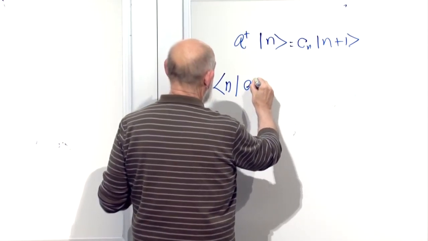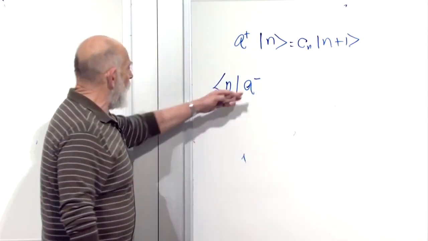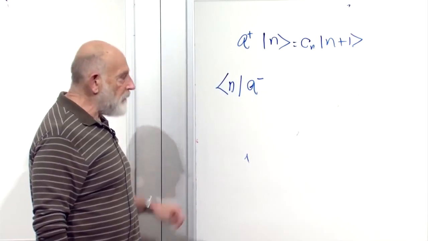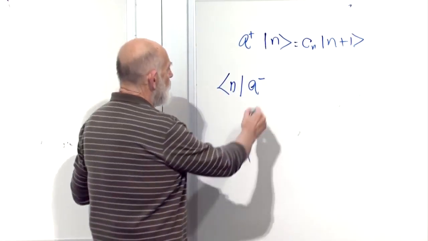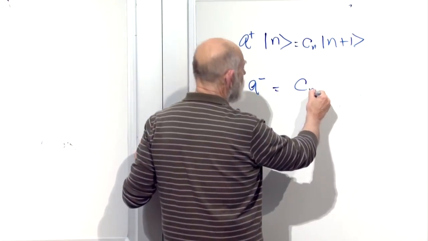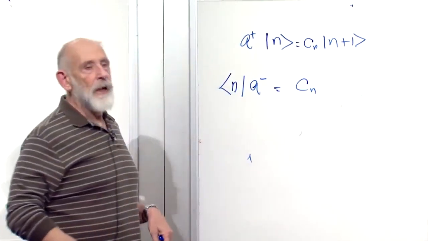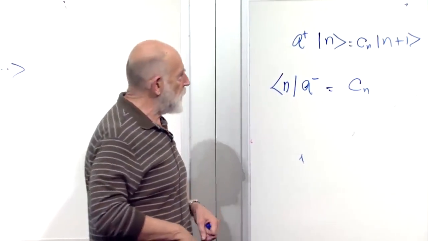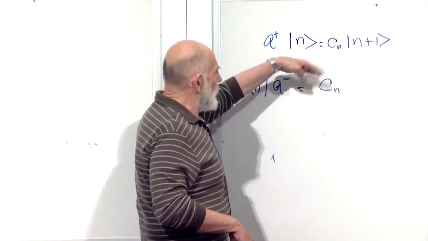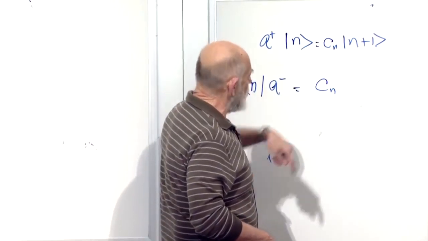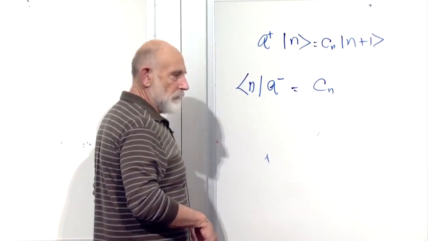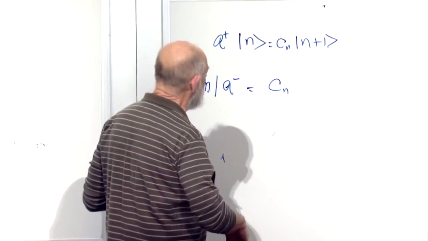is the Hermitian conjugate on the bra vector n is equal to Cn. I'm assuming that Cn is real. We can do the complex case. It doesn't matter. It's okay to think of Cn as real.